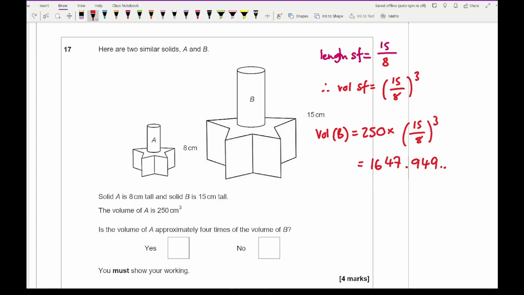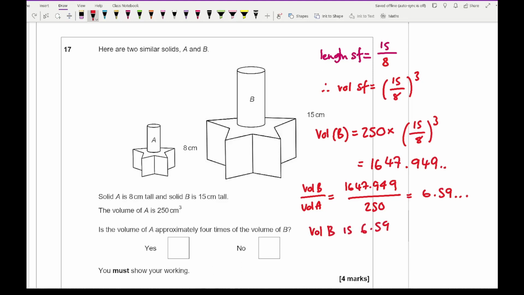Now to then work out how many times bigger it is, well, if I do the volume of B divided by the volume of A, so that's going to be 1647.949 over 250, I get an answer of 6.599. So that means that the volume of B is 6.59 times bigger than the volume of A. So the box I need to tick is no.